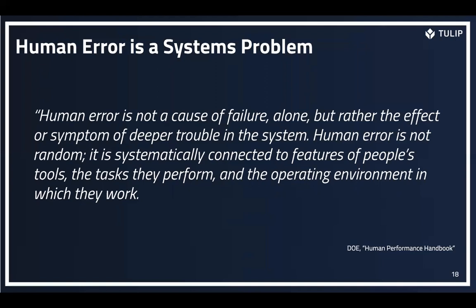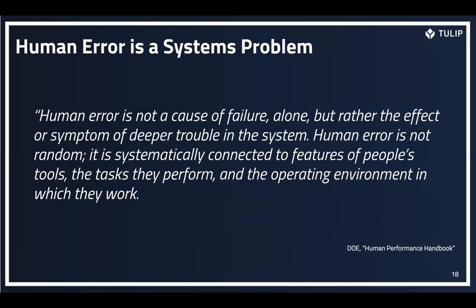So it's worth reading this quote in full. Human error is not a cause of failure alone, but rather the effect or symptom of deeper trouble in the system. Human error is not random. It is systematically connected to features of people's tools, the tasks they perform, and the operating environment in which they work.